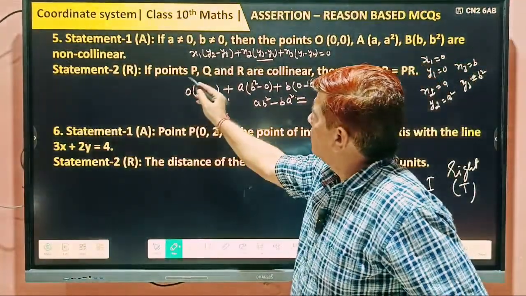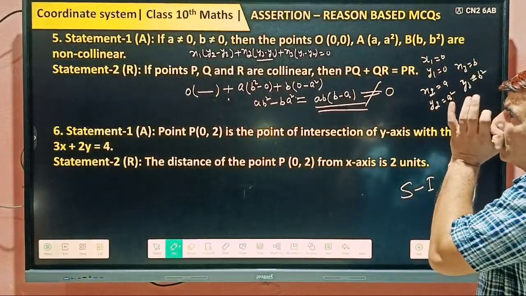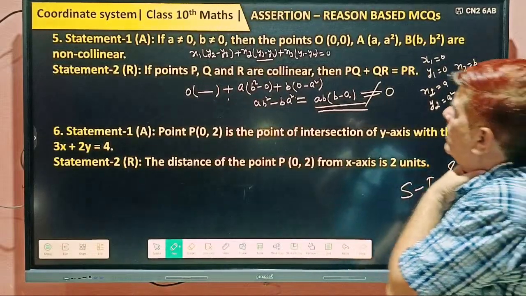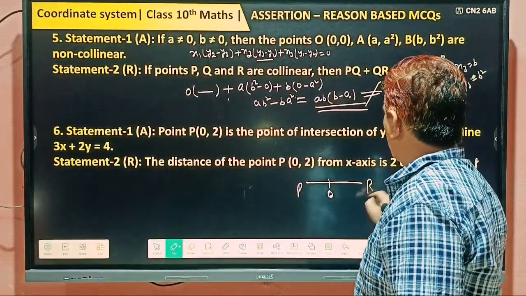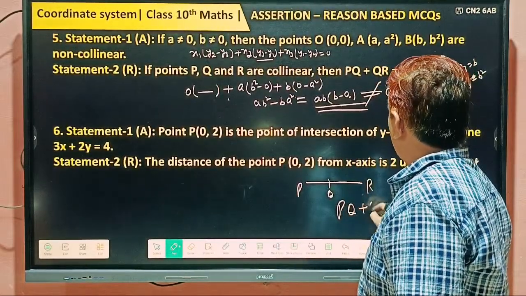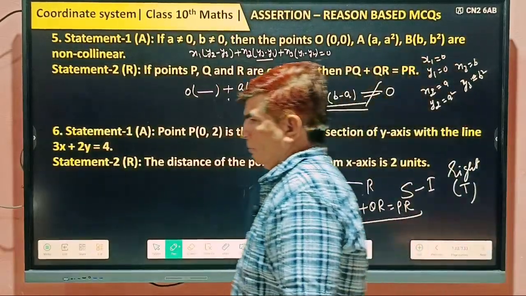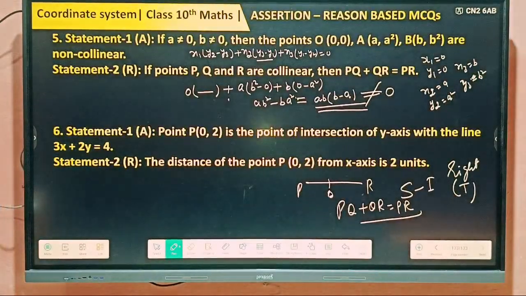And what's saying? If the points P, Q and R are collinear, then PQ plus QR is equal to PR. This is also right. If points are collinear, then what happened?